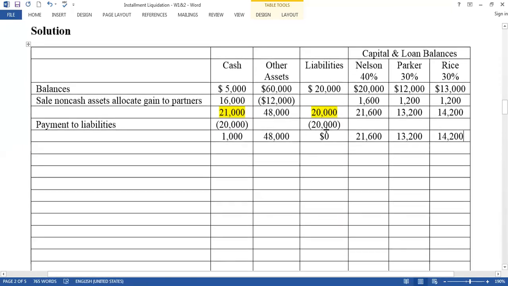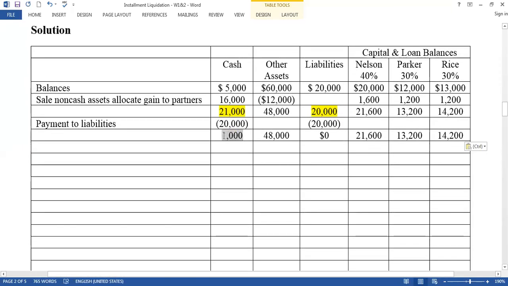Clear? We have $1,000 cash available, but our capital balance is too much, so $1,000 is not enough to pay the capital.